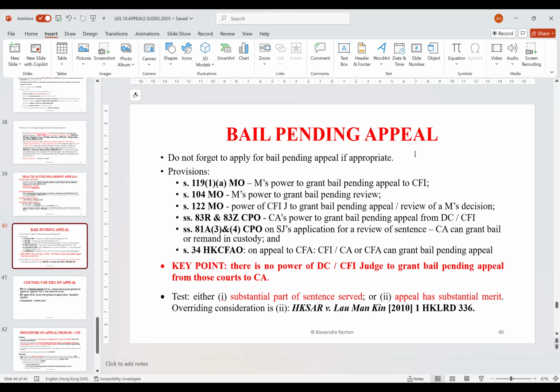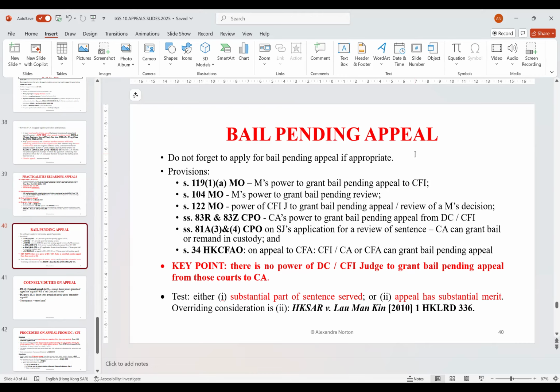Remember that we said that in general criminal cases, there is a presumption of entitlement to bail based on the presumption of innocence. Okay. Under sections 9D, 9G of the CPO, right? Presumption of entitlement to bail because of the presumption of innocence. However, once the defendant has been convicted, there is no longer that same presumption of innocence.